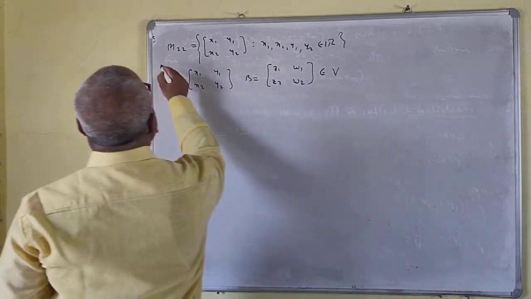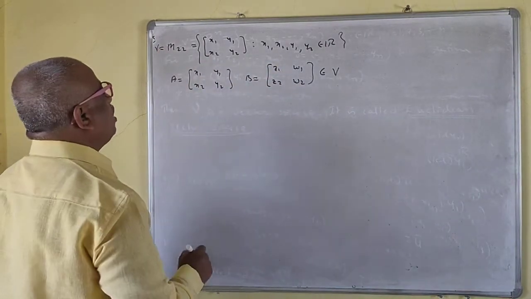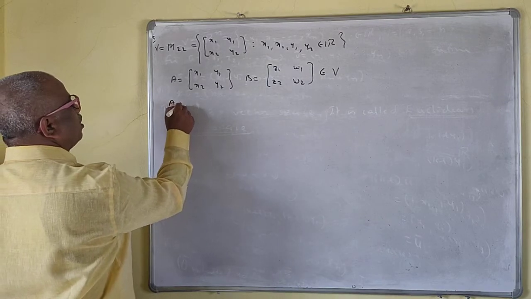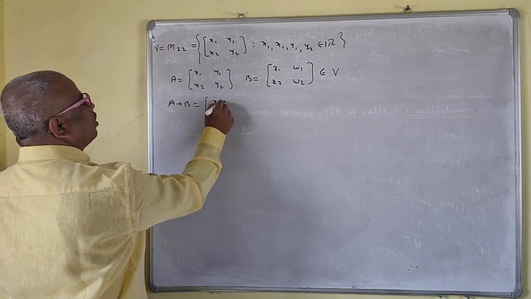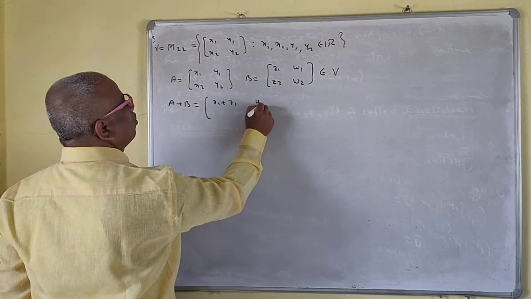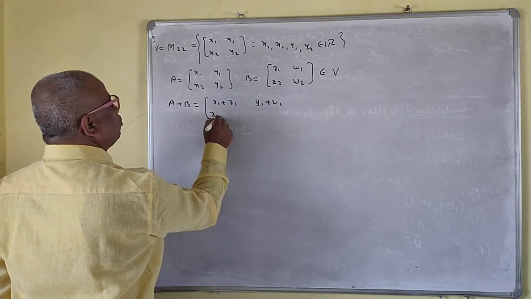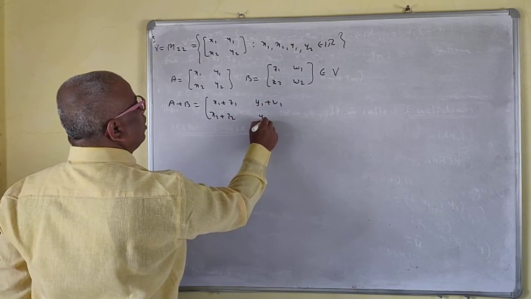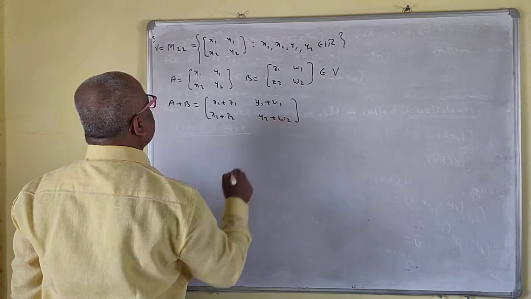Belong to V means what? V is equal to M2 by 2. Okay, so addition A plus B is what? (x1 plus z1, y1 plus w1; x2 plus z2, y2 plus w2).